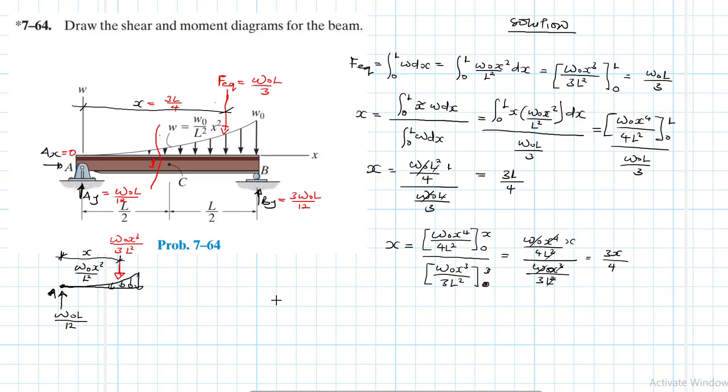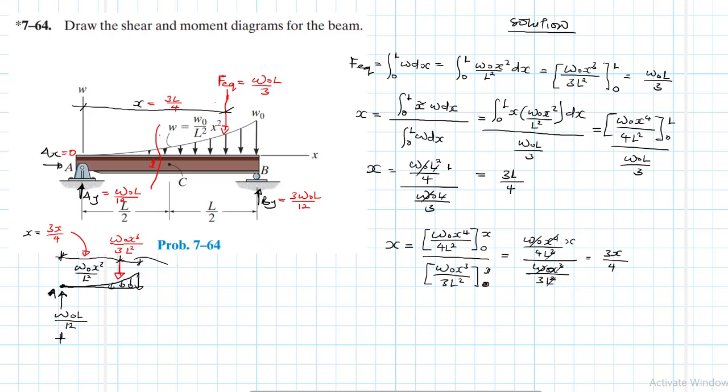Okay, so this x is equal to 3x divided by 4. So if I was to find this other distance here, this was the value of x that we are finding.